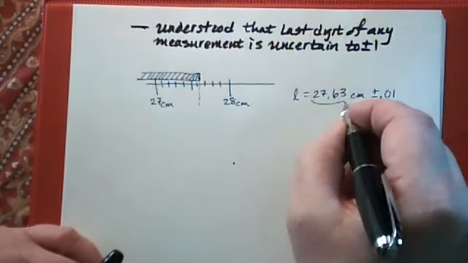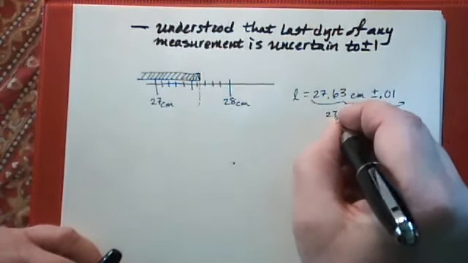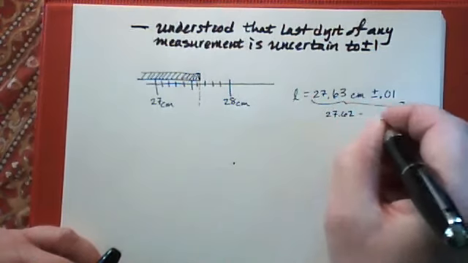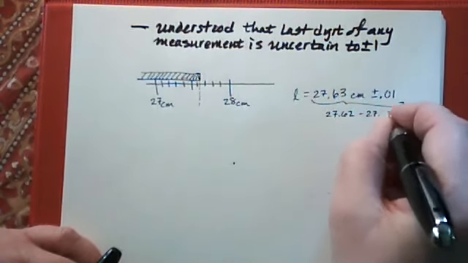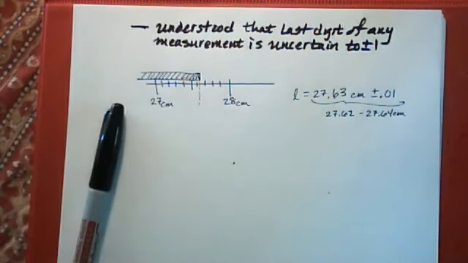So what this means is that that length is somewhere between 27.62 and 27.64 centimeters. That's what that really means. So it really creates a range of possible lengths for that rod.